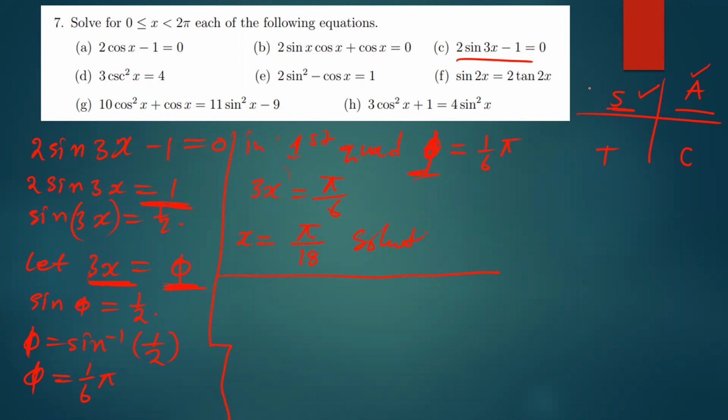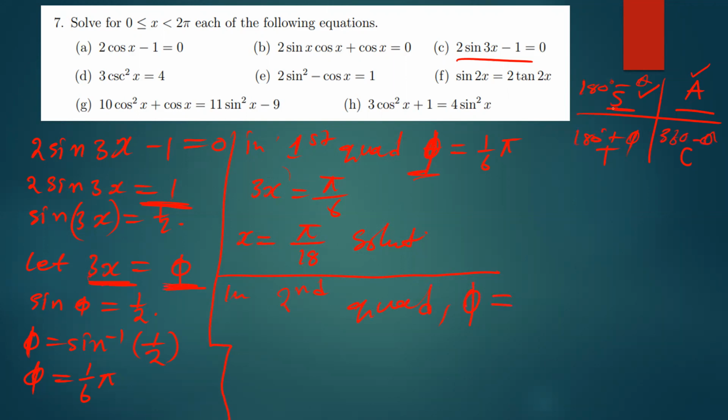Okay, so in the second quadrant, what is the value of phi? Remember what I said: in the second quadrant, you say 180 degrees minus the reference angle. In the third quadrant, it is 180 degrees plus the reference angle. And in the fourth quadrant, we have 360 degrees minus the reference angle.